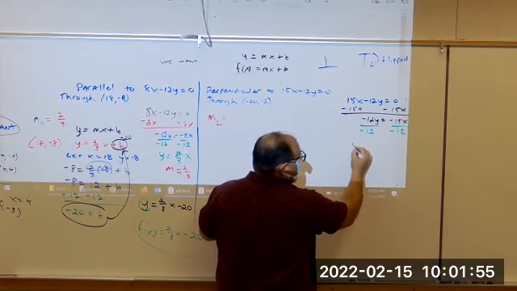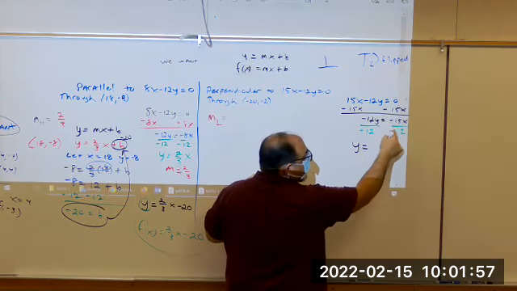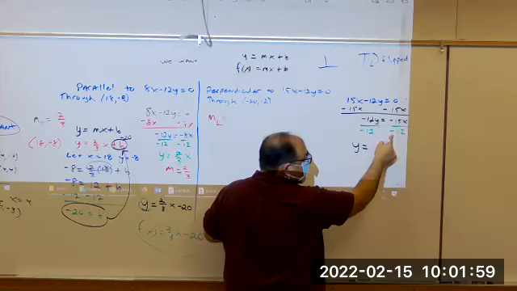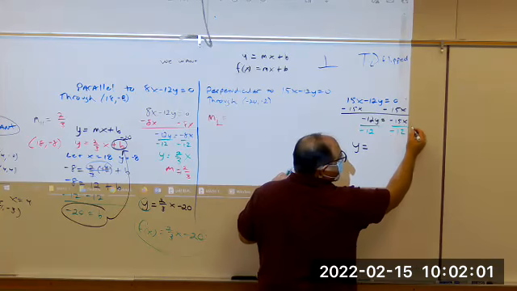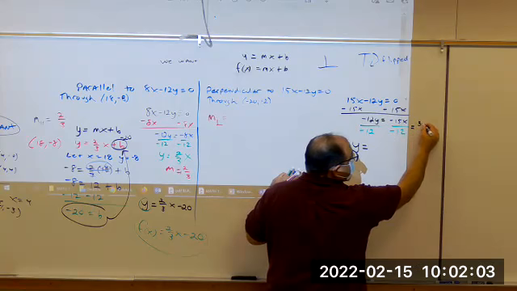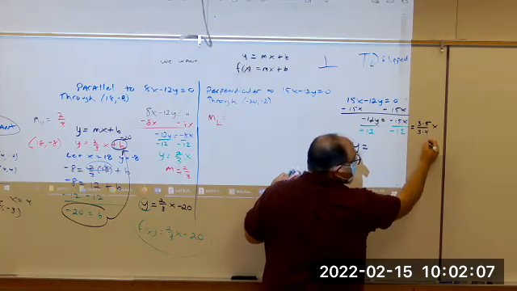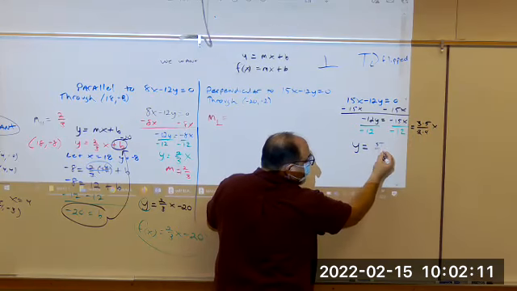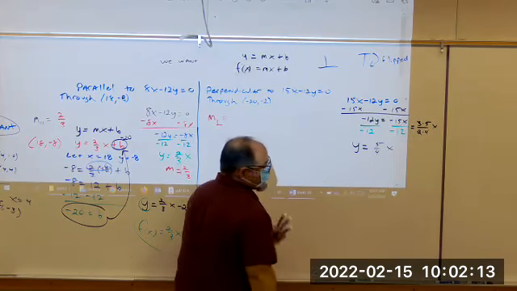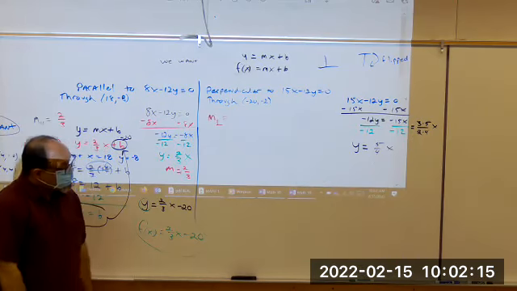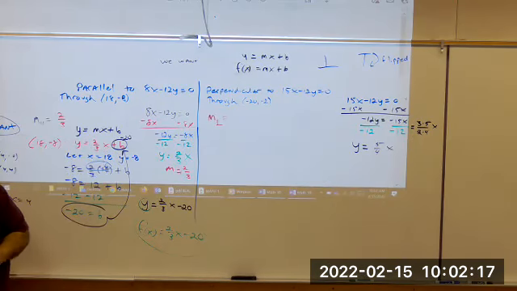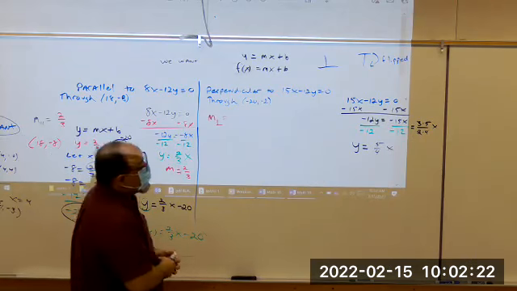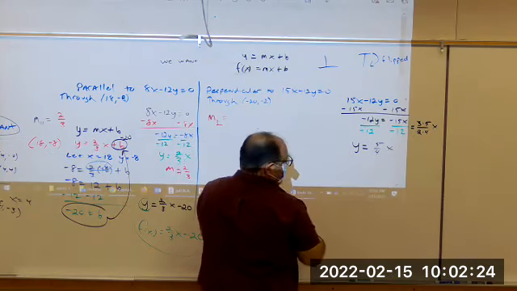So your positive y equals negative over negative is a positive. The common factor is a 3. This is 3 times 5. This is 3 times 4, x. So this line is 5 over 4 times x. So the slope of this line is 5 over 4.